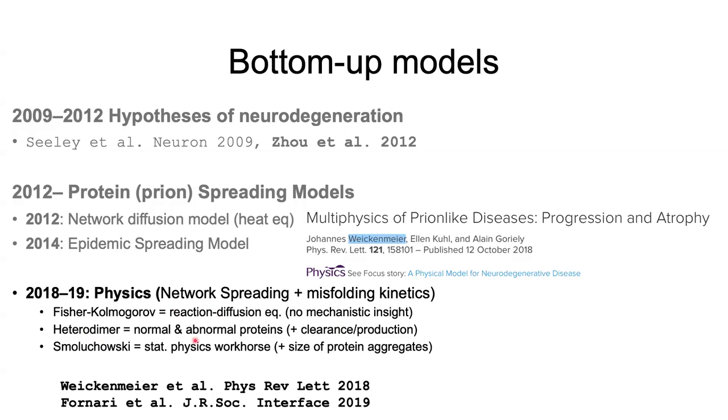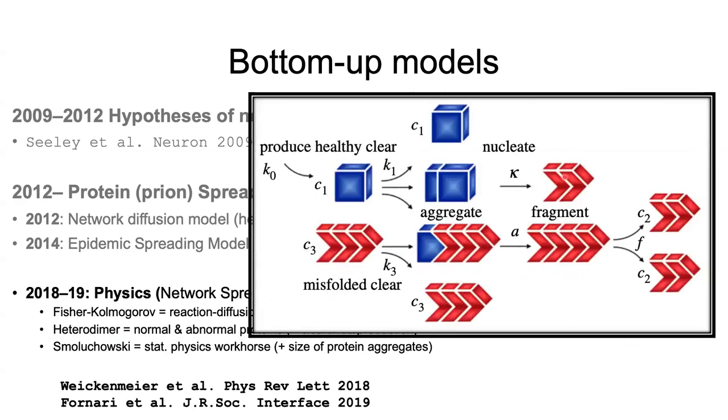The heterodimer model, which included normal and abnormal proteins and included the concept of clearance and production, so you could have these sort of competing processes going on underneath. And the Smoluchowski equation, which is a statistical physics workhorse, which added in the size of protein aggregates to the equation. The point being, there's a lot of stuff going on under the hood.